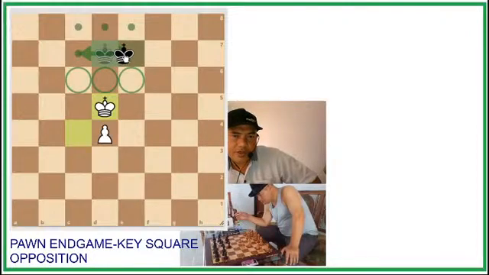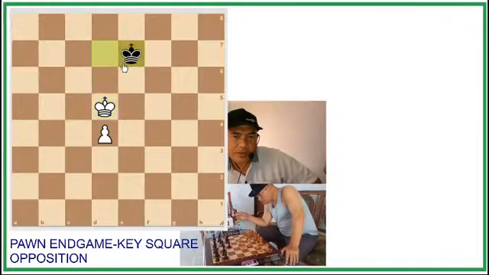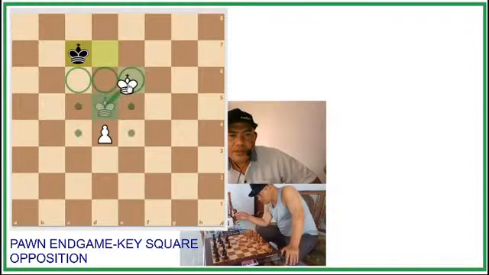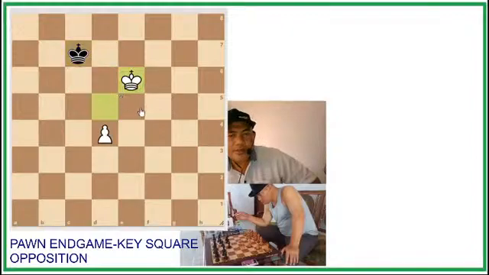When he moves here, then he leaves this key square, then white can go here. Then if he moves here, then he leaves this square for white to occupy.